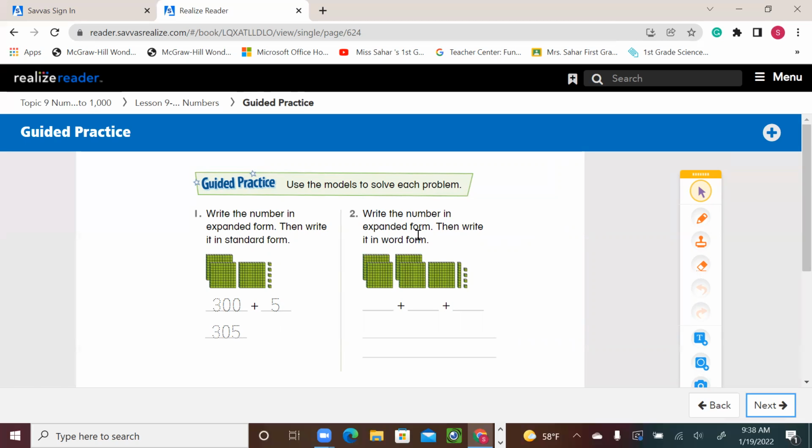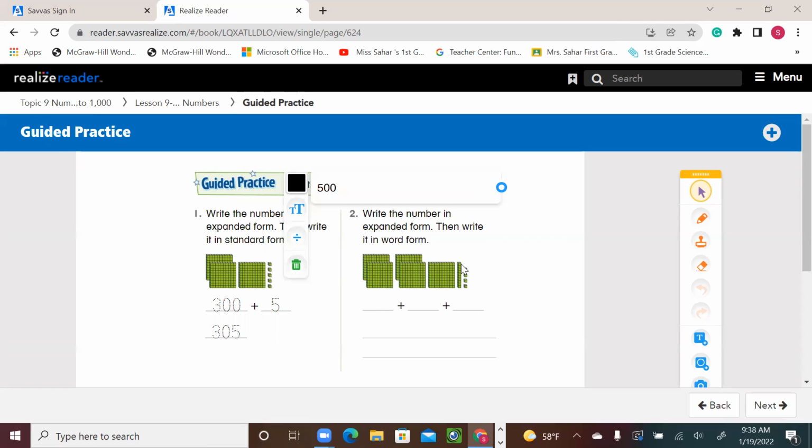Write the number in expanded form, then write it in word form. So let's see what we have here. Let's count how many flat hundreds. 1, 2, 3, 4, 5. So I need to write it in expanded form. So I have 500. All right.